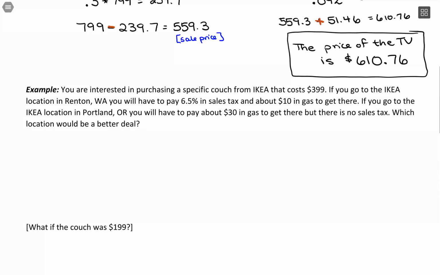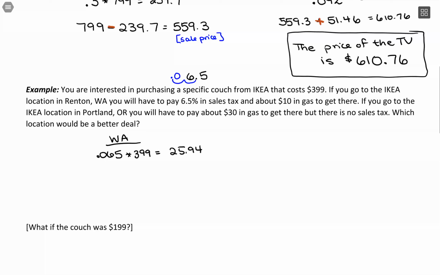So what we're going to do is compare costs. So let's figure out our costs for Washington. So we're going to have sales tax, and again, this is that kind of tricky scenario, 6.5%, but we're moving to the left by 2, so we'll go 1, 2, so this will be 0.065. So to figure out our tax, we'll multiply 0.065 with 399, which is 25.94.